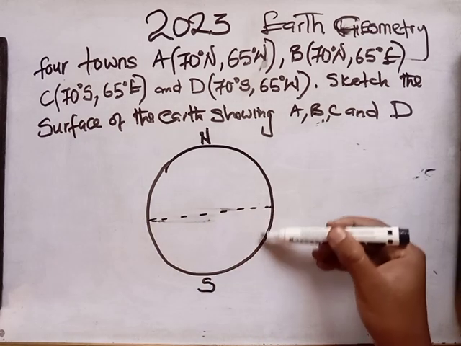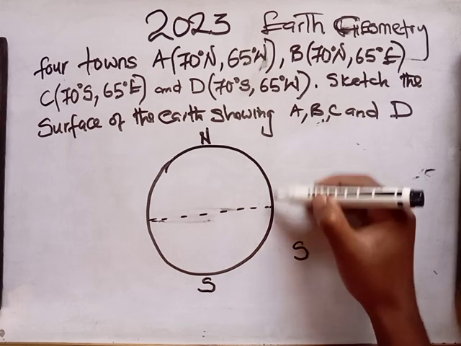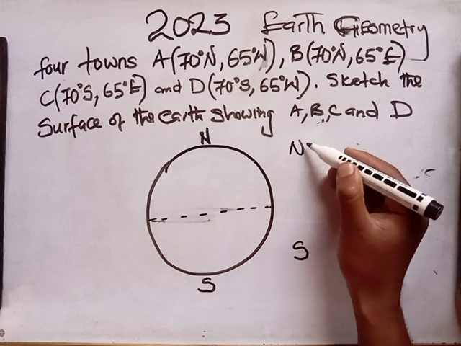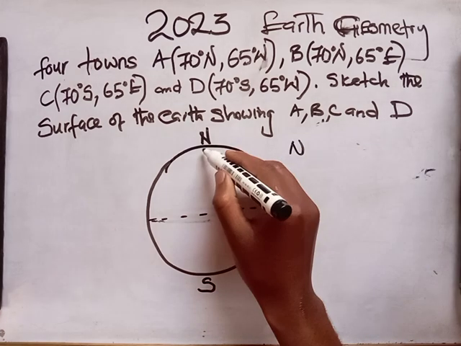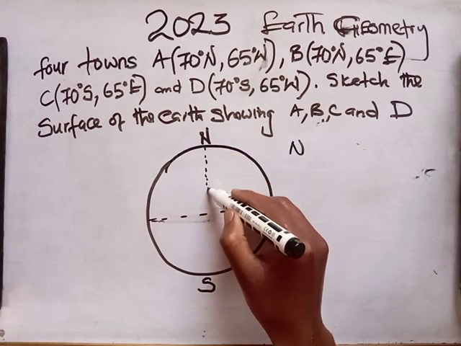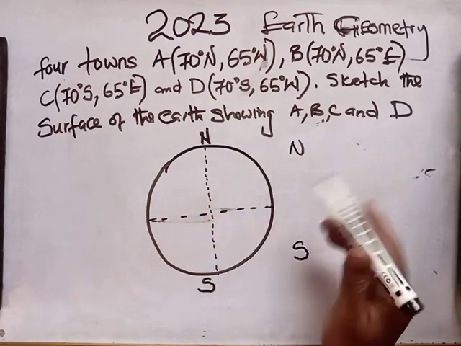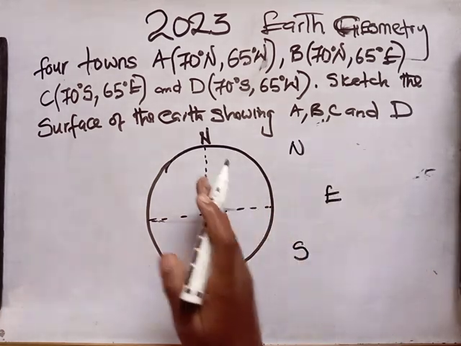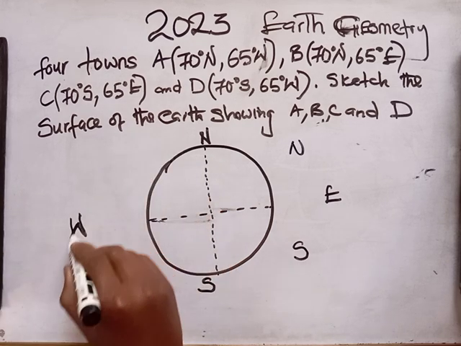Anything below the equator is south, and anything above the equator is north. Then we have the middle here. Anything to this side is the east, and anything to this side is the west.